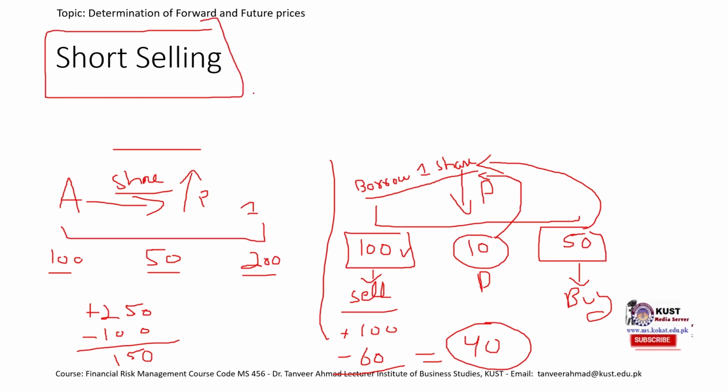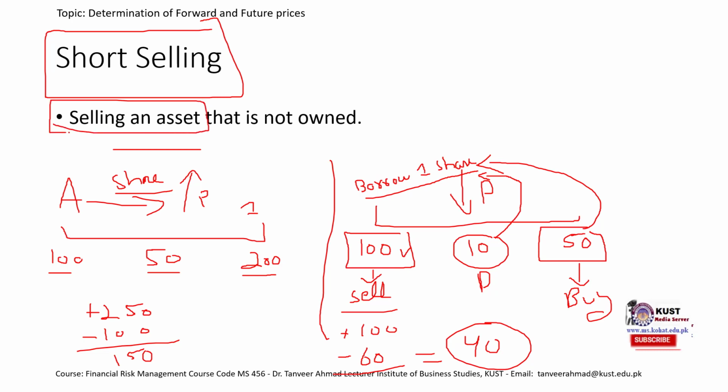And what short selling is, it is selling an asset. It's not limited to the stock market, it can be with any asset. Selling an asset that is not owned by the investor. So if it isn't owned by the investor, then what do we do? We borrow it, sell it at the current market price, because we think today the price is higher, so we should sell it today, but we do not own the asset.